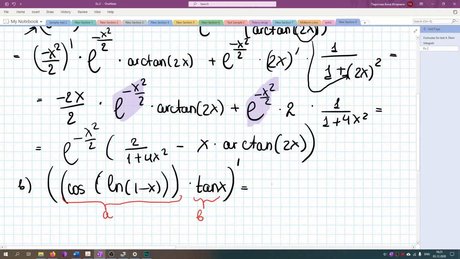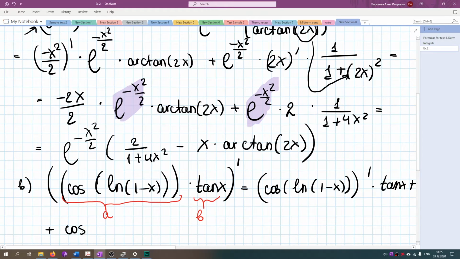Firstly we take the derivative of the function a, so just rewrite it and take the derivative. Then we need to multiply it by the function b, and then we take just the function a and multiply it by the derivative of the function b.